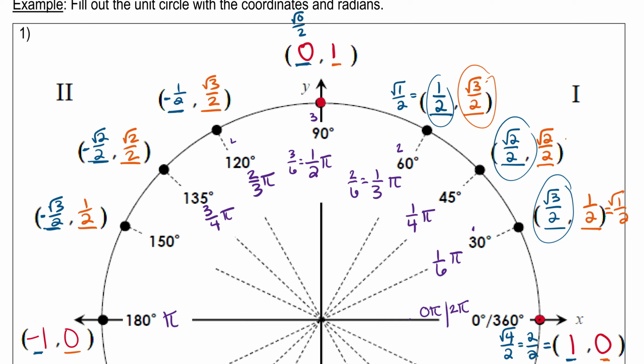This is 4 30's, which is 4/6, which reduces to 2/3. This is 5 30's, which is 5/6, which we can't reduce. And the 180 would be 6 30's, which is 6 over 6, which reduces to 1, so that works out.